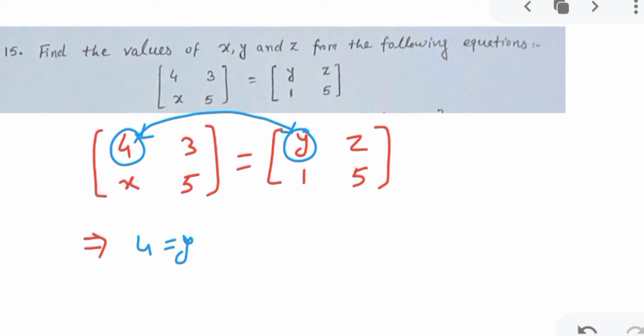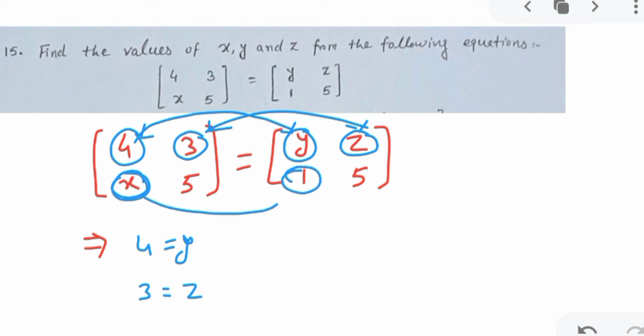Similarly this 3 will be equal to this z, so 3 is equal to z. Similarly this x, the corresponding element is 1, so x will be equal to 1. Obviously 5 is equal to 5, so no need to write.